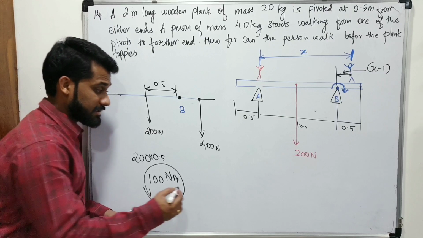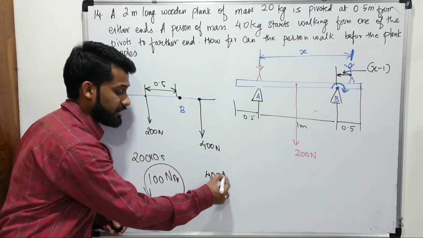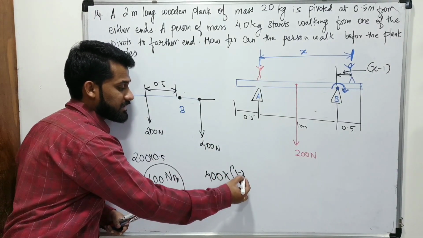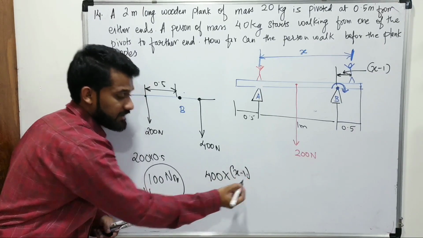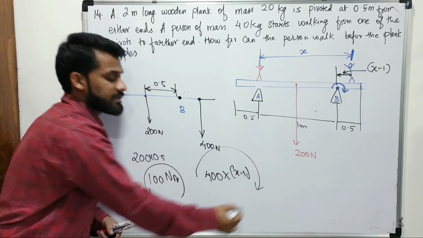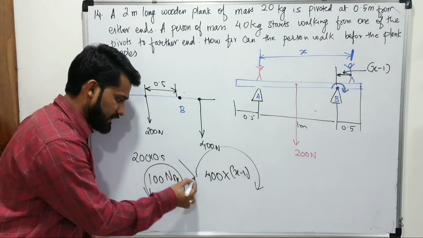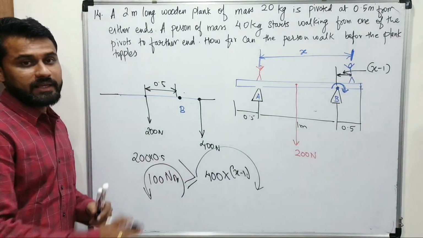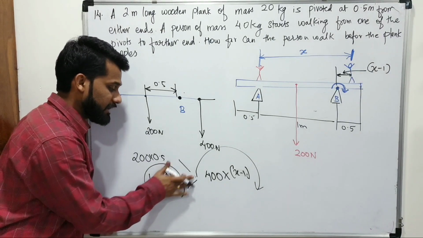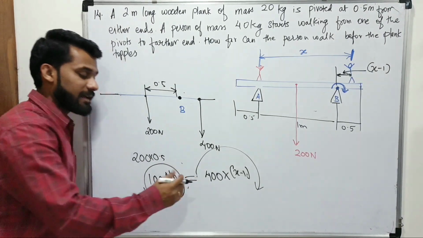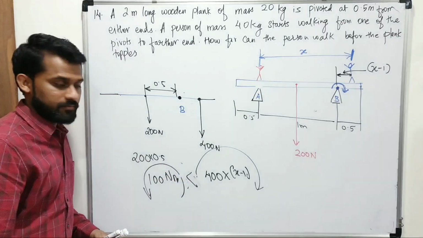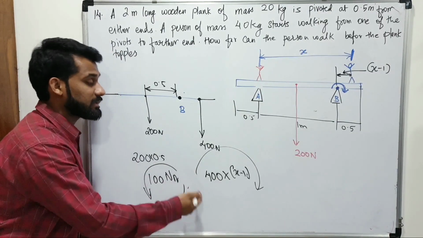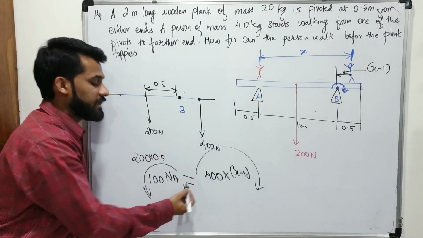Whereas the person is exerting torque of 400 into x minus 1 in the clockwise sense. As long as the plank's torque is greater, the plank is not going to topple. Even when these two are equal, the plank is not going to topple. It will topple only when it exceeds this value. So up to what maximum value of x will the plank not topple? We need to equate them.